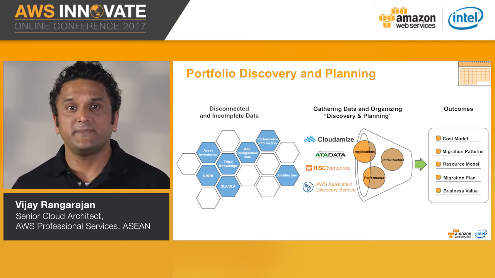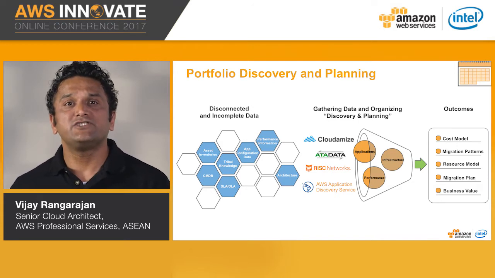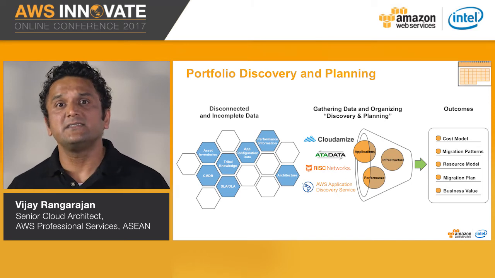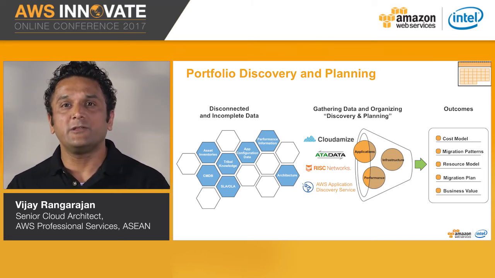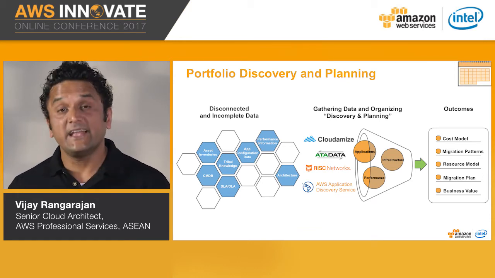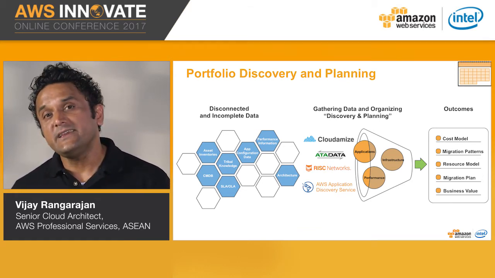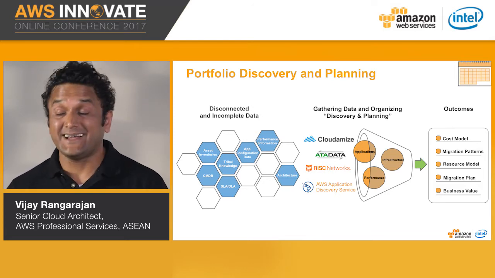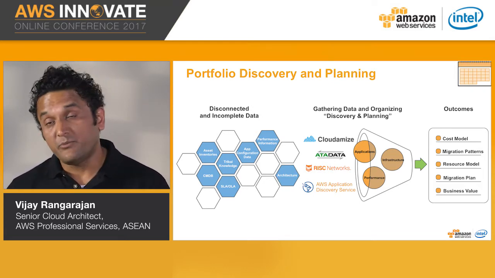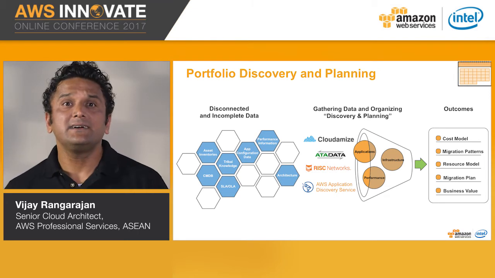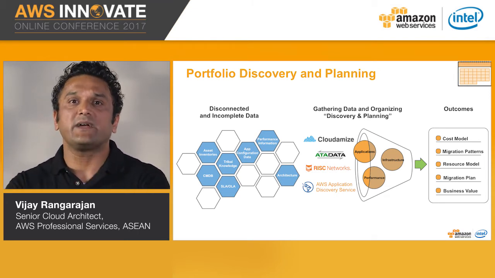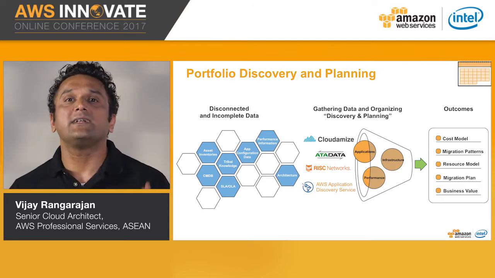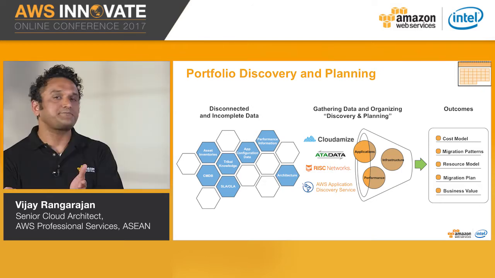Using this knowledge, the enterprises can outline a plan, which should be considered subject to change as they progress through the migration and learn how they will approach migrating each application in the portfolio and in what order. In short, portfolio discovery helps you list all your IT assets, identify your upward and downward dependencies, and define a migration plan and the resources required to support during and post migration, in addition to the cost model and the business value that you want to achieve.